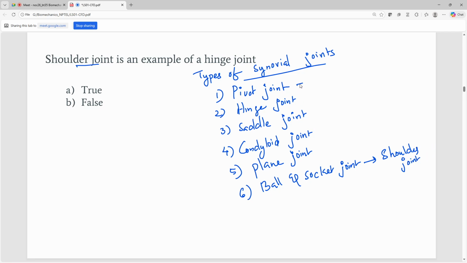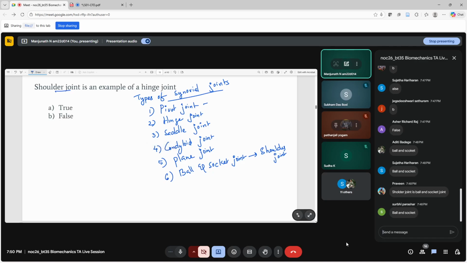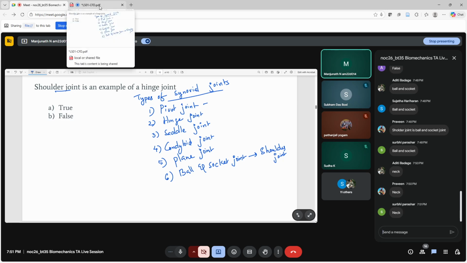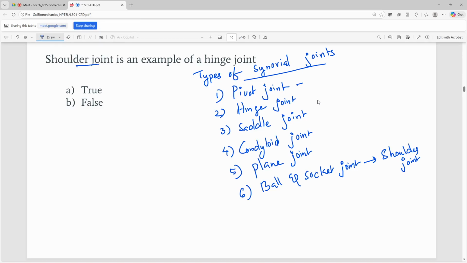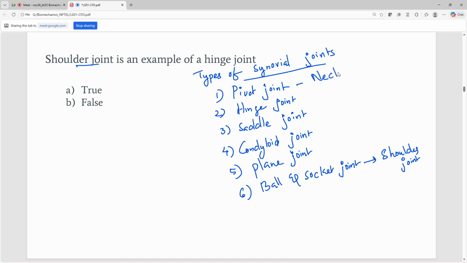So can you say any example for pivot joint in the human body? Yes, neck is an example for pivot joint.